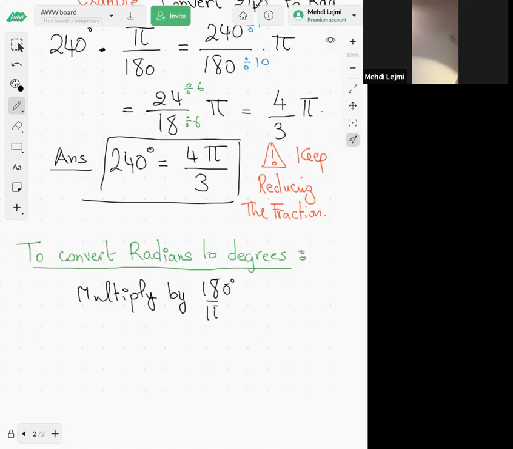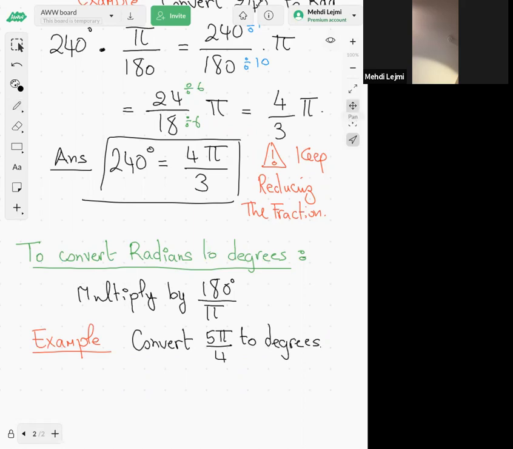Okay, so for example, let's say you want to convert 5 pi over 4 radians to degrees.